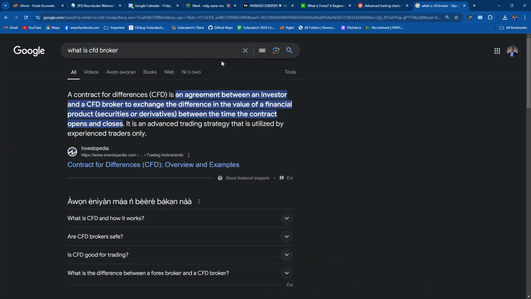So these are brokers. When you hear of CFD, contract of differences, let's see the origination of all of this.